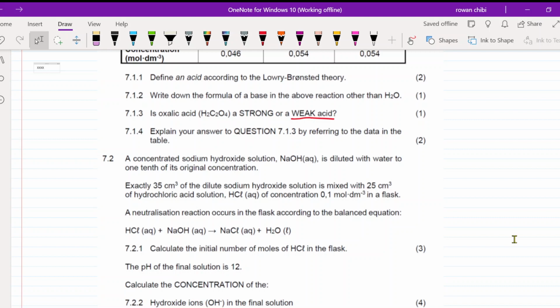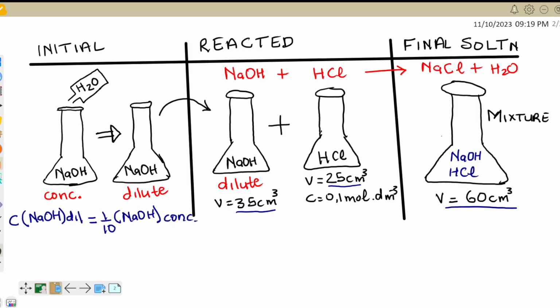Then the question, 7.2.1: calculate the initial number of moles of HCl in the flask. So now they require us to calculate the initial number of moles of this one. So let's look again at our picture. We have the sodium hydroxide plus the hydrochloric acid to produce this mixture of sodium chloride and water.